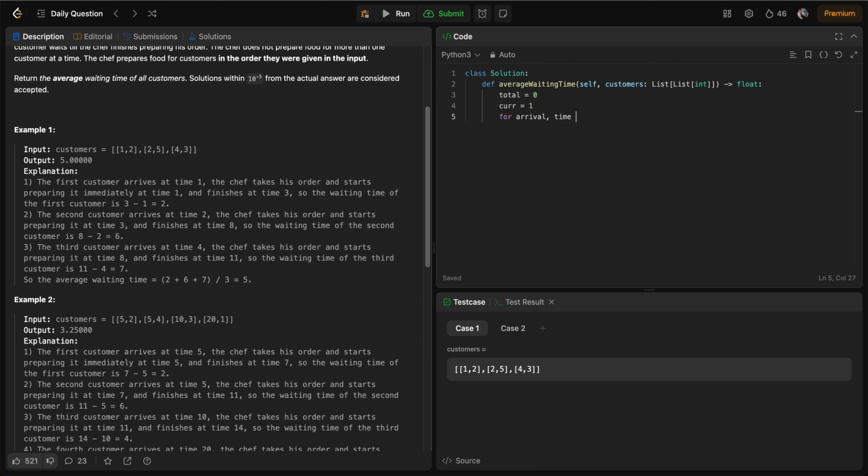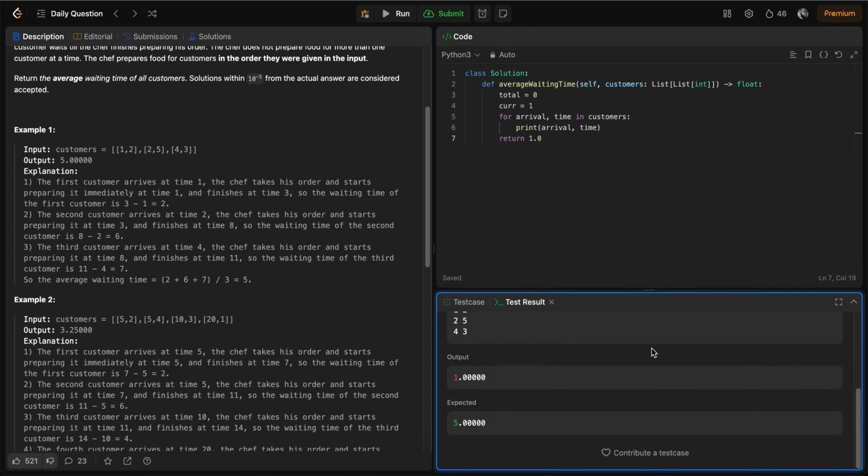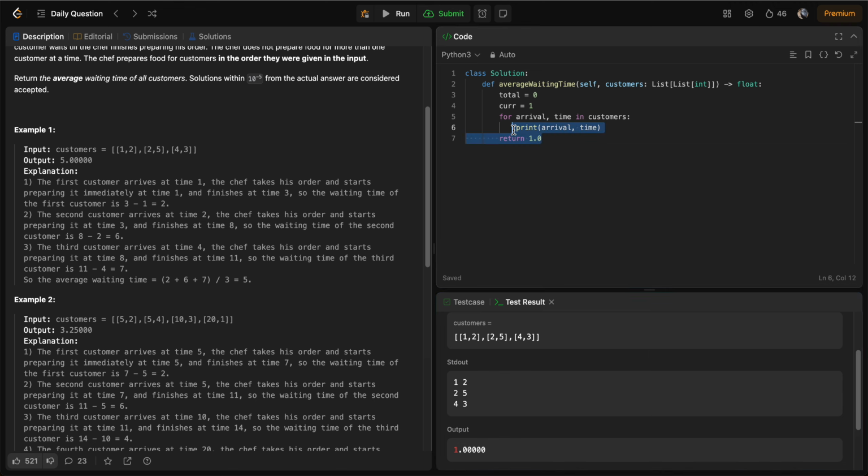So we can do for arrival, time in customers. I'm just gonna first make sure that the syntax works. Let's return something random. Okay, it does work. Good.